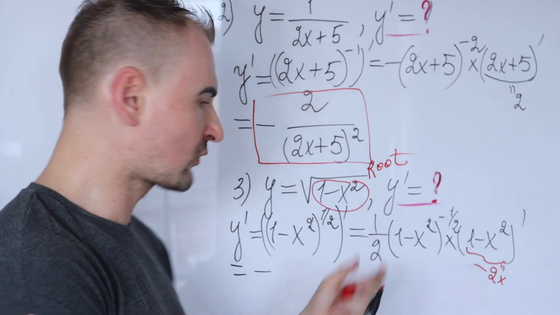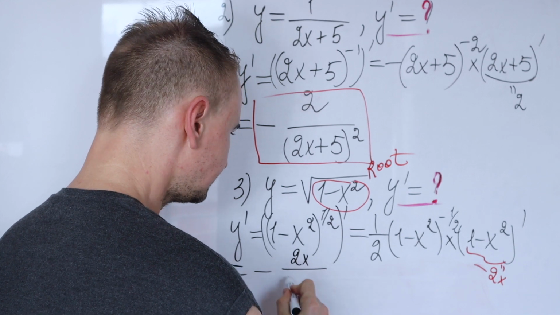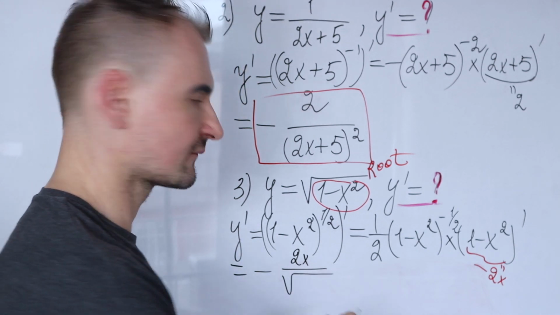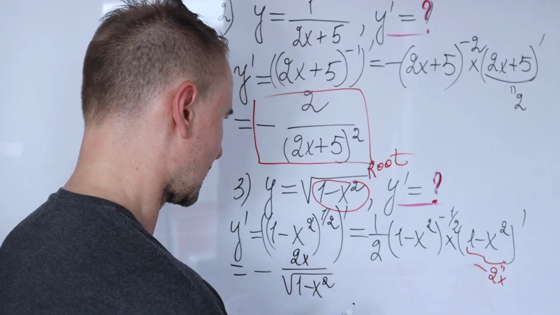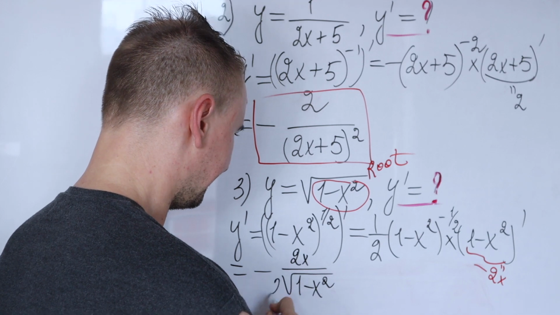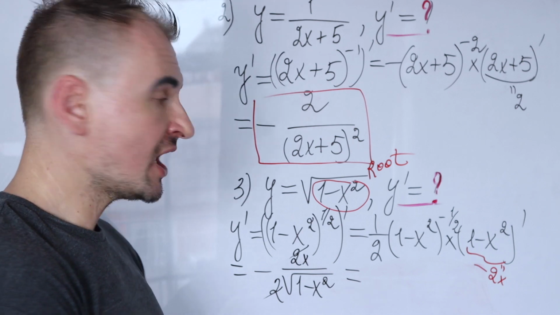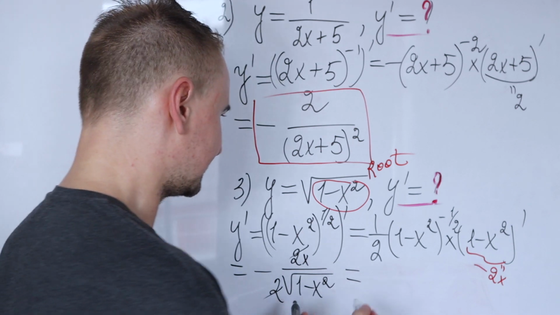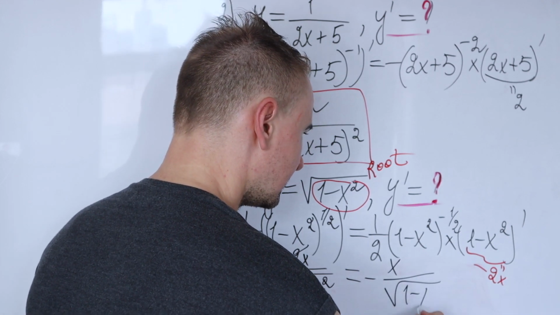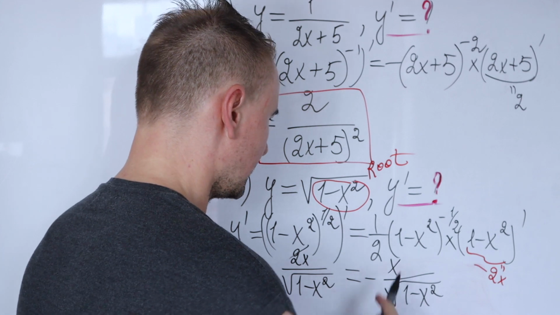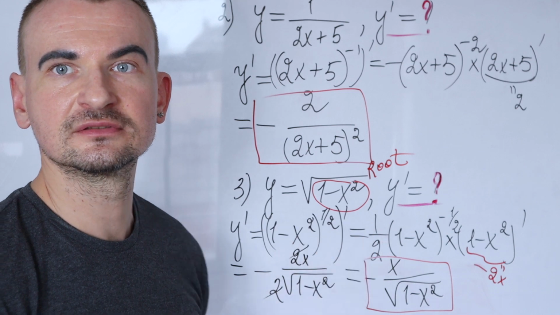And remember, 2x goes on top of your fraction. And these two cancel each other out. We are left with negative x on top, root on bottom. This is your derivative for that one.